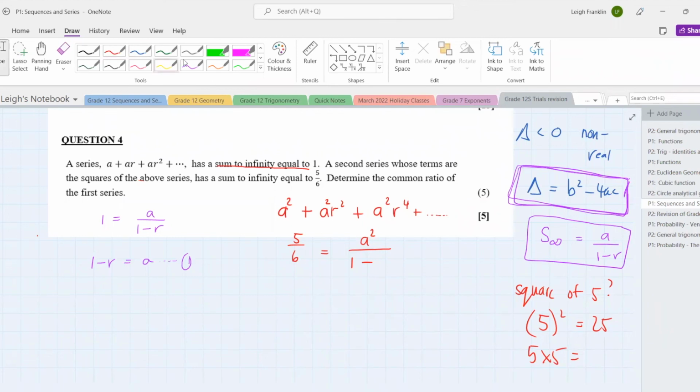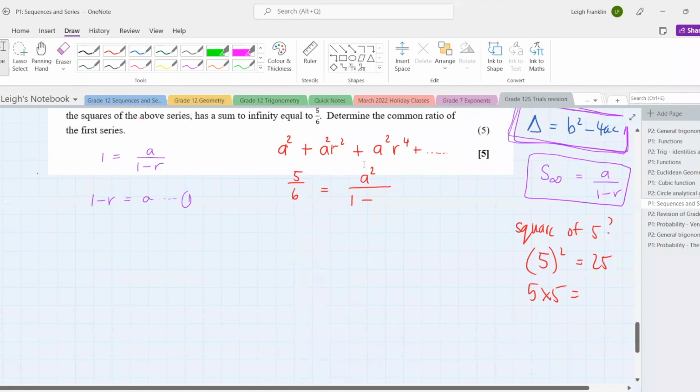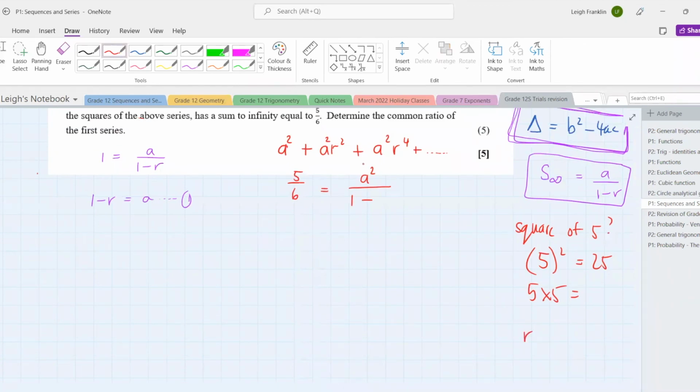Remember, R is calculated by dividing term 3 by term 2 or term 2 by term 1. So R in this case is going to be equal to A squared R squared divided by A squared. So R is in fact R squared for this particular question.